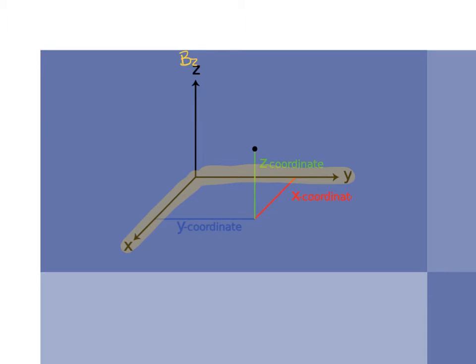So it's precessing or spinning around the z-axis along the x and y planes. So the angle that the protons precess at, or they spin at, is called Bn, and that's this right here.